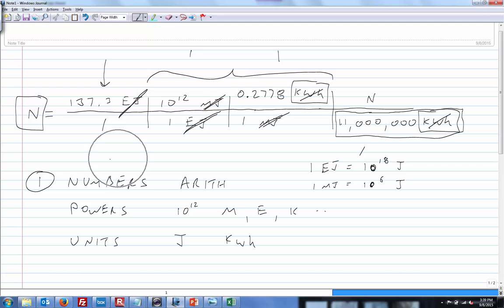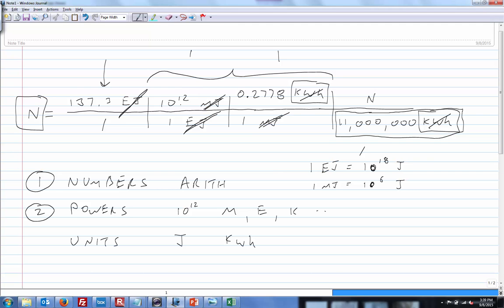The other problem that we're solving simultaneously, and as I said, in parallel, is keeping track of the powers, both in a numeric format or in a powers of 10 format. So here's your mega, here's your exa, kilo, et cetera, et cetera.